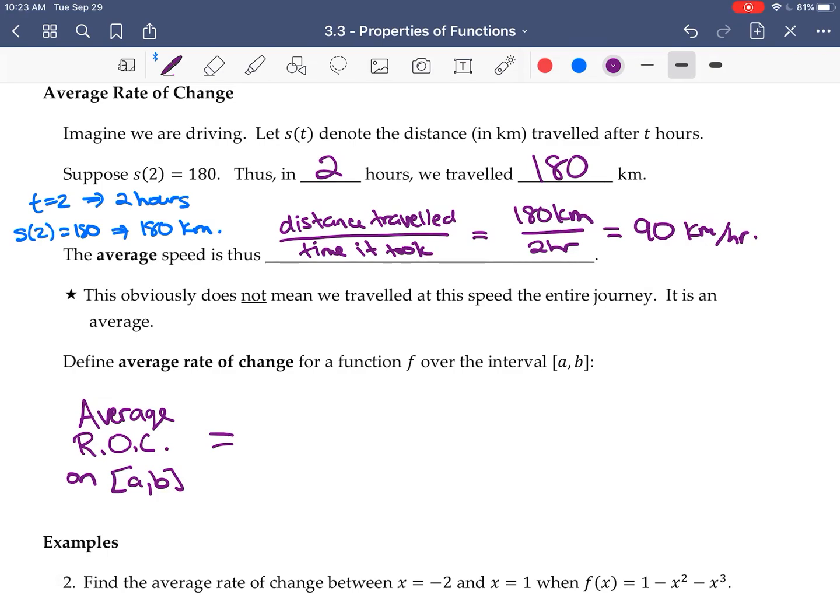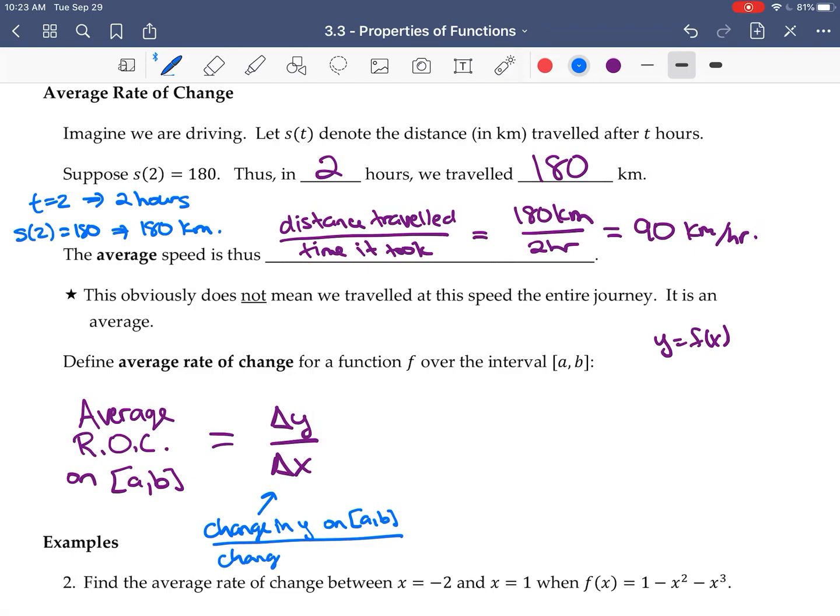If we have y equal to f of x, it's going to be the change in y over the change in x on the interval.